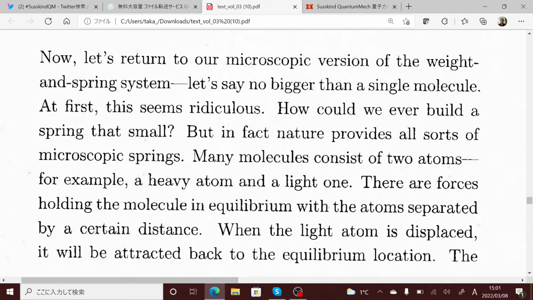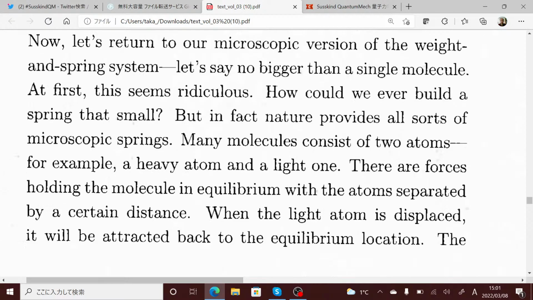Many molecules consist of two atoms, for example, a heavy atom and a light one. There are forces holding the molecule in equilibrium with the atoms separated by a certain distance.